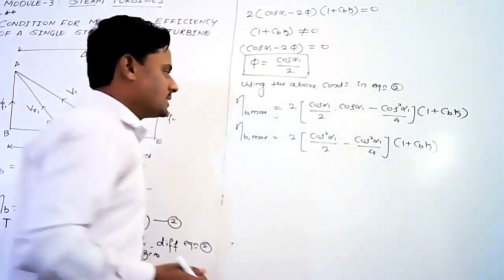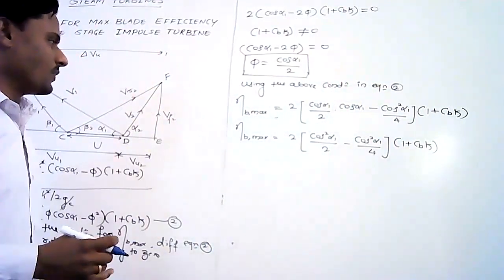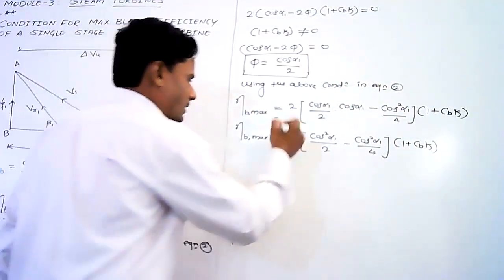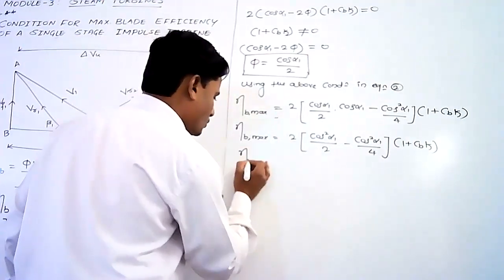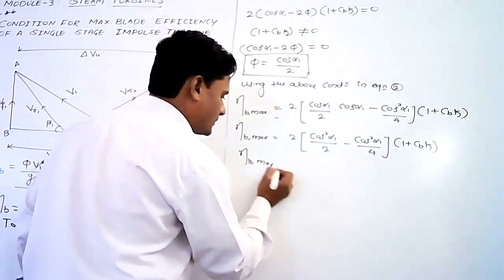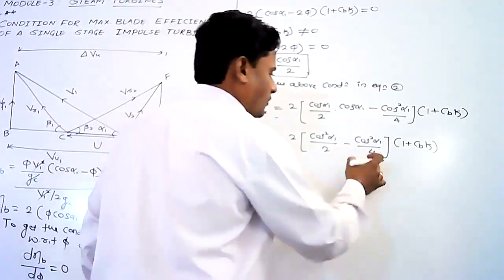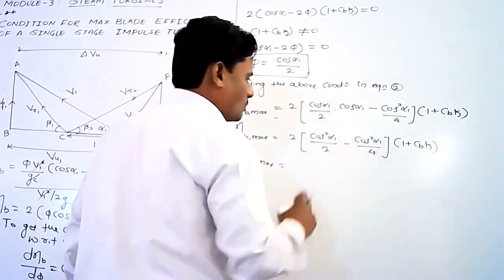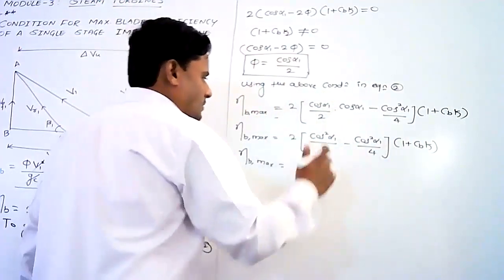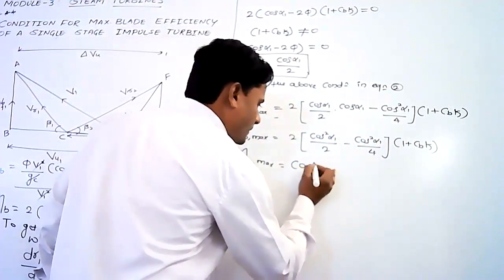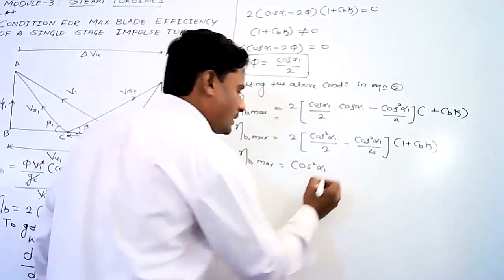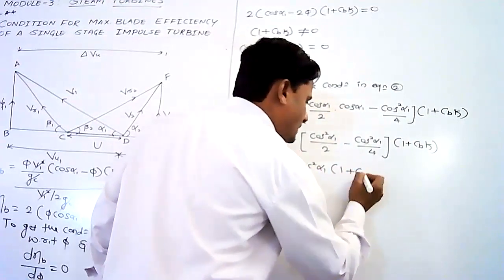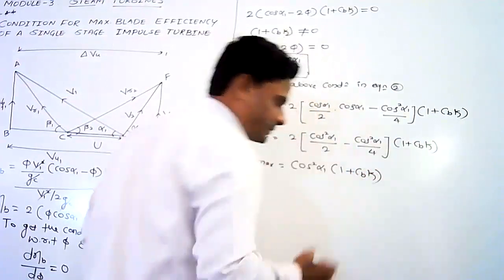Take the LCM and do the simplification. So the LCM is 4, and 2 will get cancelled. So here we are left with cos square alpha 1 into 1 plus Cb into K as it is.